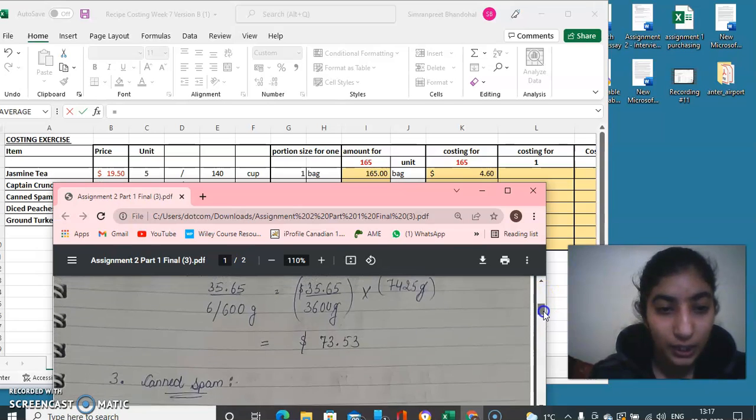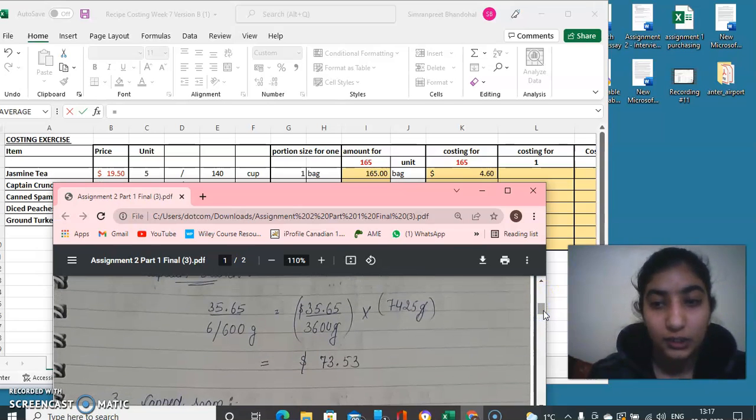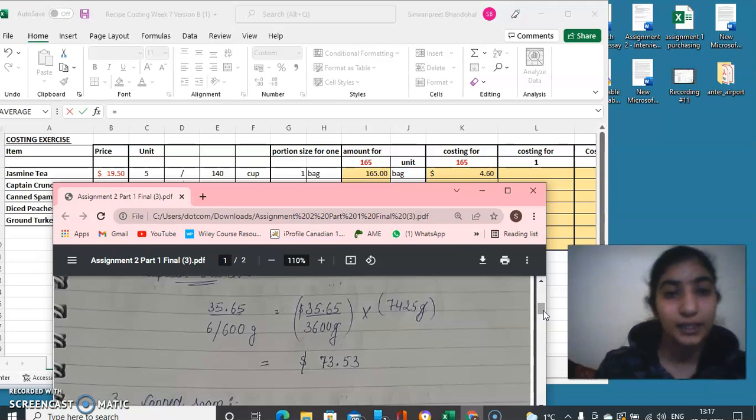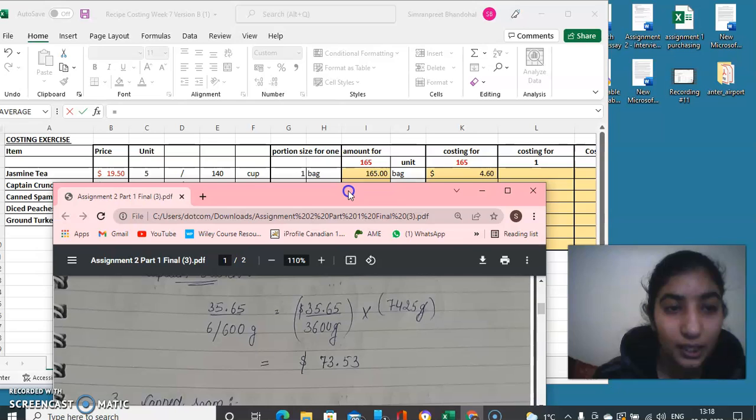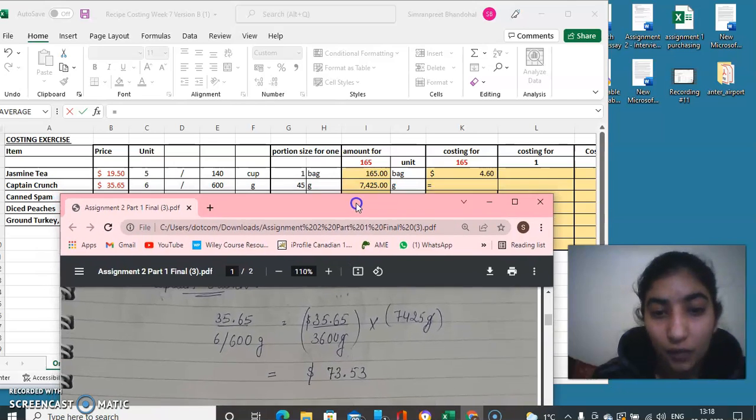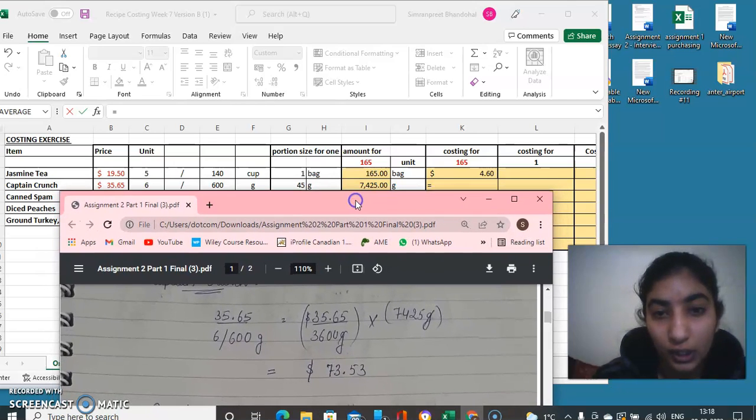The next is the same, so we will do price per unit divided by the total number of units. The total number of units is 6 and each unit contains 600 grams, so we will multiply and get the value, that is 3600, which means we have 3600 grams, and then we will multiply it by the total amount we require for 165.